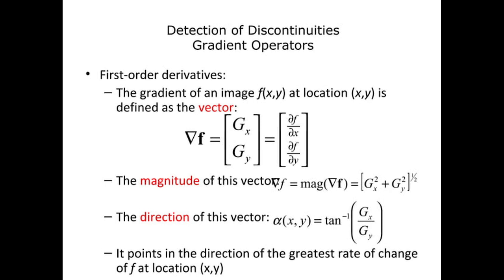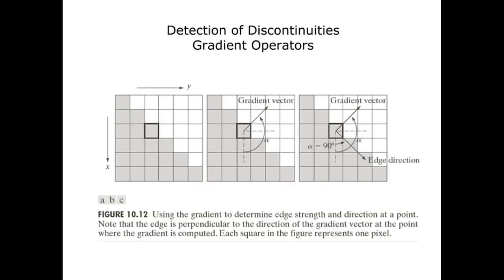If you are finding the difference with the x axis, then it is dou f by dou x. If you are finding the difference of the pixel with the vertical axis, y axis, then it is dou f by dou y. So we have to find the magnitude by this formula and direction by this formula. So if there is any greater change in the difference, then we can say it is an edge. The edge is detected.